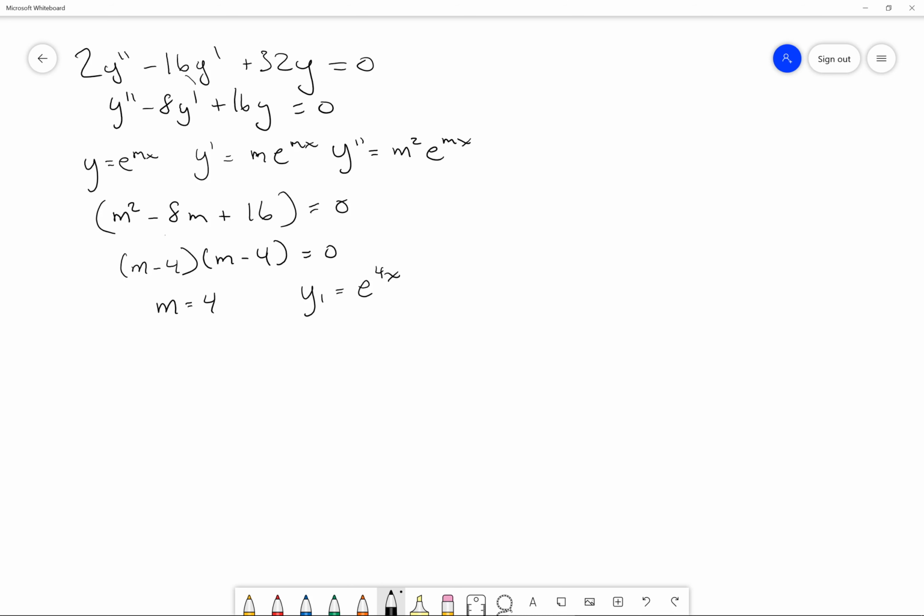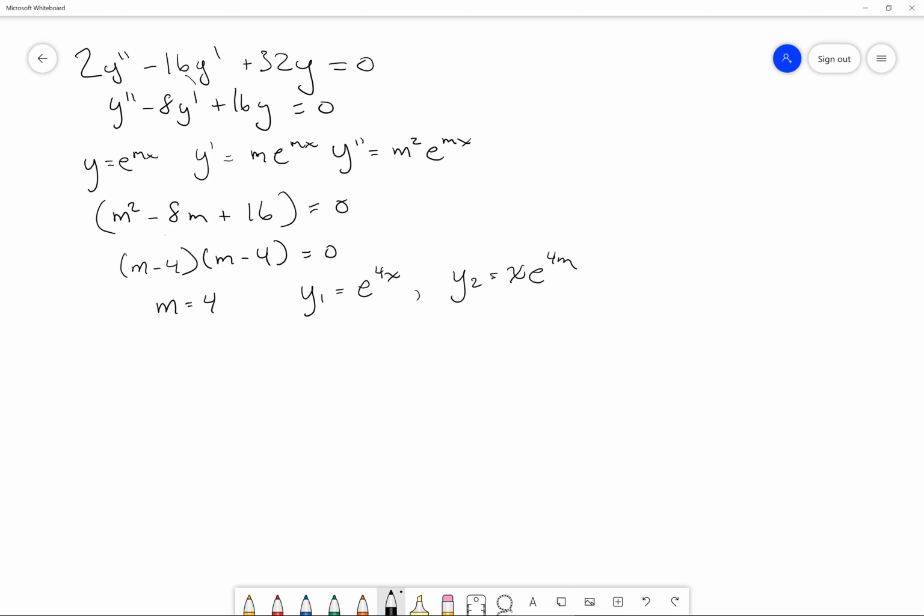And basically what we found is whenever you have a multiplicity, the other solution, if you look at the formula, is x times e to the 4x. And if there were 3 repeats, if this was third order, the other solution would be x squared e to the 4x.